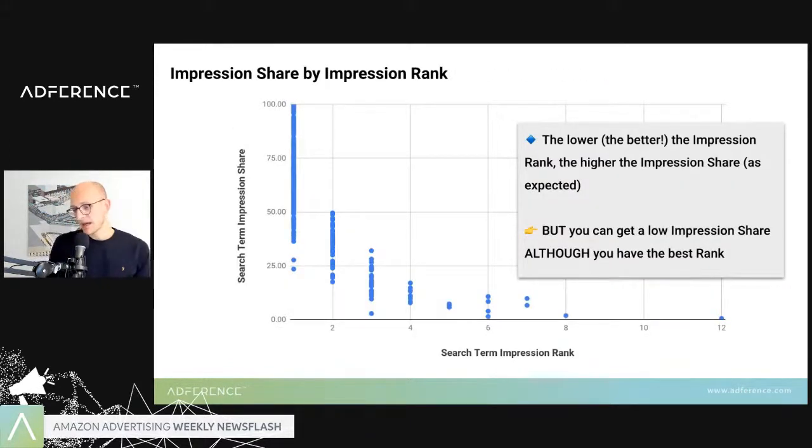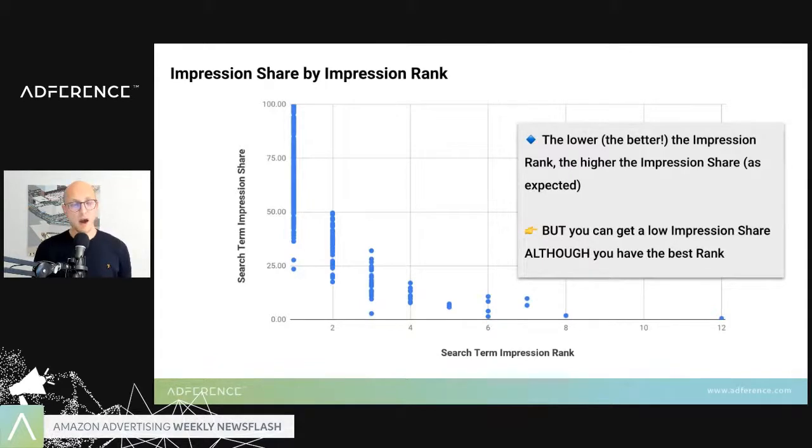Furthermore, I did an analysis some time ago that I want to share with you as well about the search term impression share. What I did here is analyze how the impression share behaves by search term impression rank. And actually the lower the impression rank is, the higher the impression share will be. So they are correlated with one another.